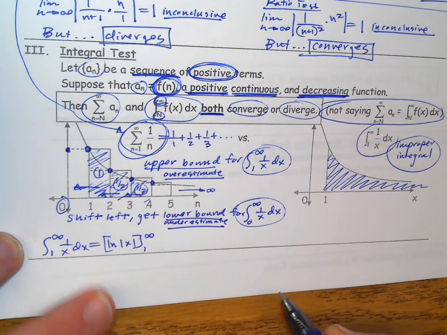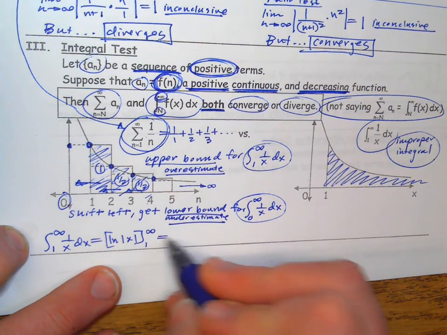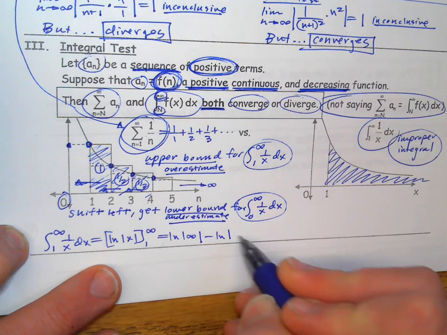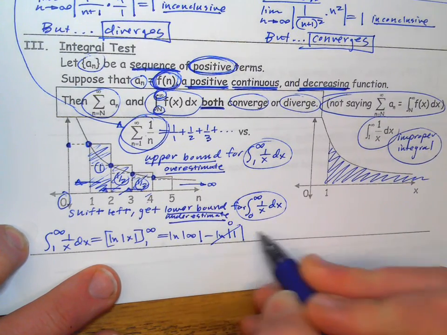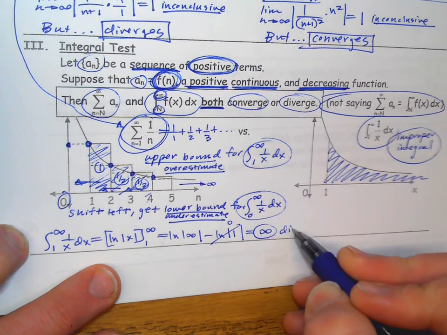We're taking the lazy approach instead of writing the limit as b goes to infinity with the b and all that stuff. Limit of infinity minus natural log of 1. This is going to be 0. Natural log of infinity blows up. It goes to infinity. It diverges.